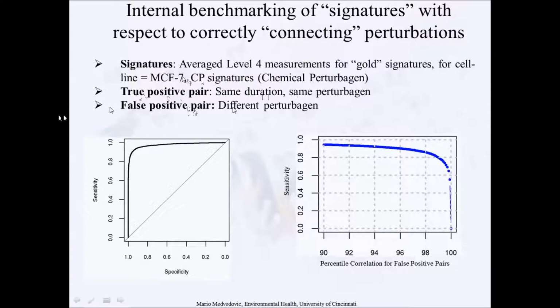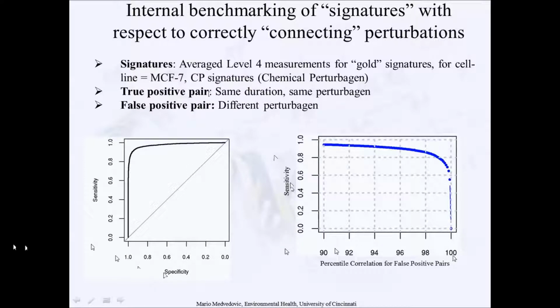And again, we repeat the same analysis that Arvind showed on technical, or what he called biological, replicates of the same experiment. Now we did it for these replicated experiments and established how much more the true positive pairs are correlated in comparison to false positive pairs.